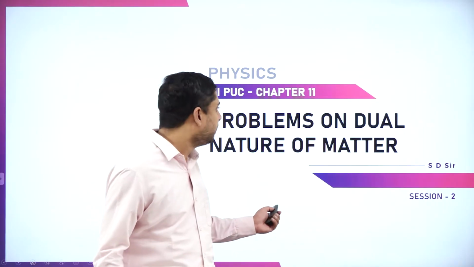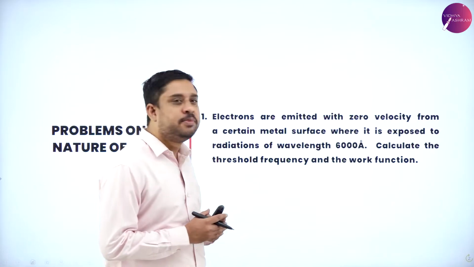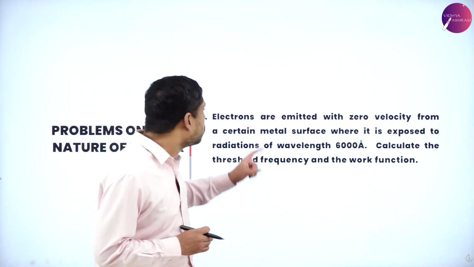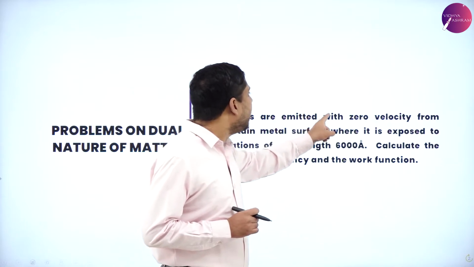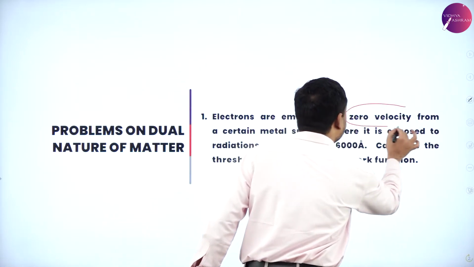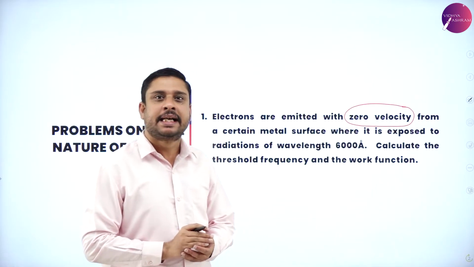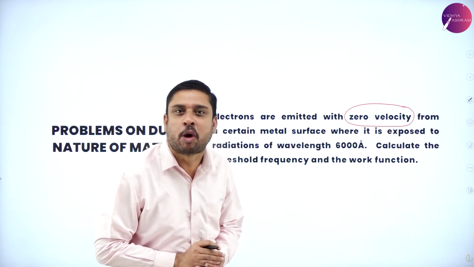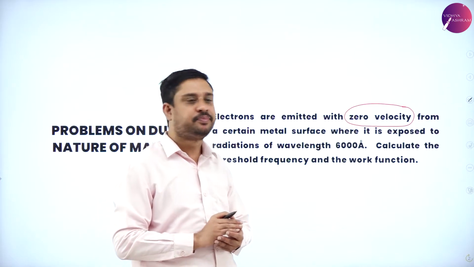The first one. The problem says electrons are emitted with zero velocity. Key word to solve the problem.